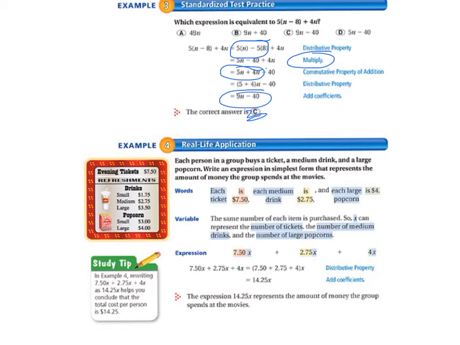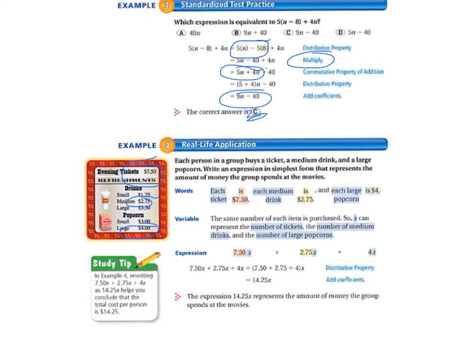So x can represent the number of tickets, the number of medium drinks, and the number of large popcorns. So each ticket is $7.50. It tells us that over here. Each medium drink is $2.75, and each large popcorn is $4.